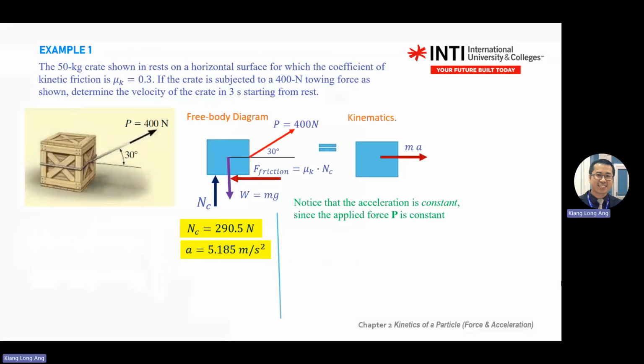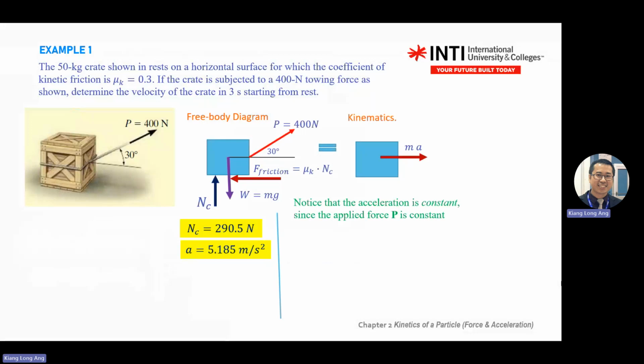In here, you have A, you want to find velocity. There's one equation with V, U, A and t. Time, you don't know. What time you have? 3 seconds.